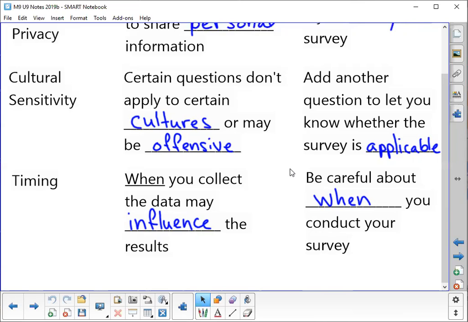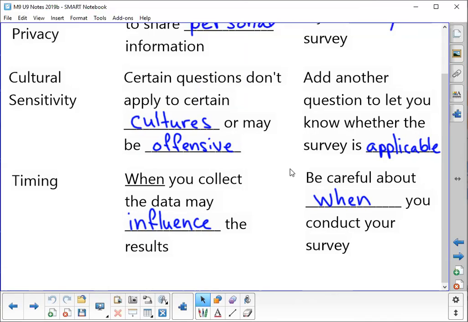You can do things like that to weed out participants for whom this doesn't apply, because otherwise they would either lie because they don't have an option to tell you the truth, or they would not put anything and just walk away, right? If it's online, they'll probably just click out and you won't know why no one's completing your online survey. Or they might be offended, one of the two.